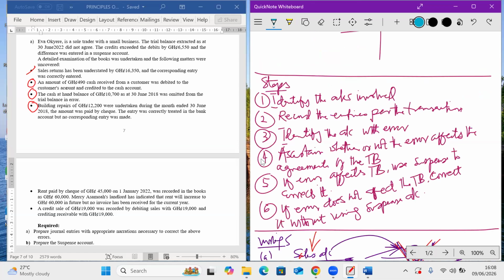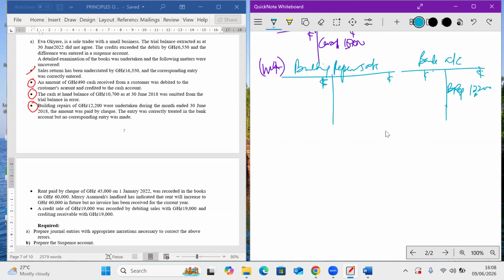Four. Ascertain whether or not the error affects the agreement of the trial balance. This error, does it affect the agreement of the trial balance or does it not? It does. Joe, why? It doesn't balance. You are not explaining it well.